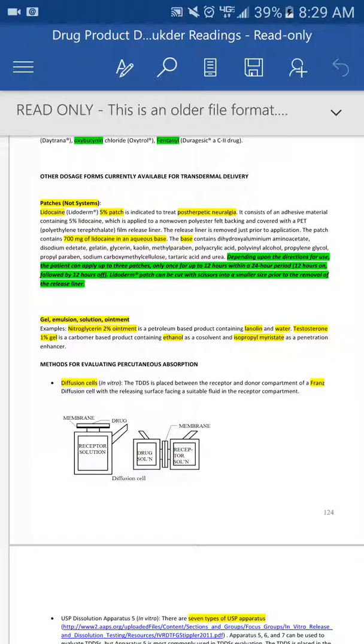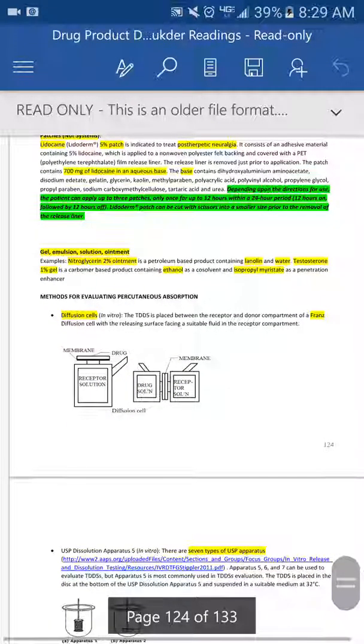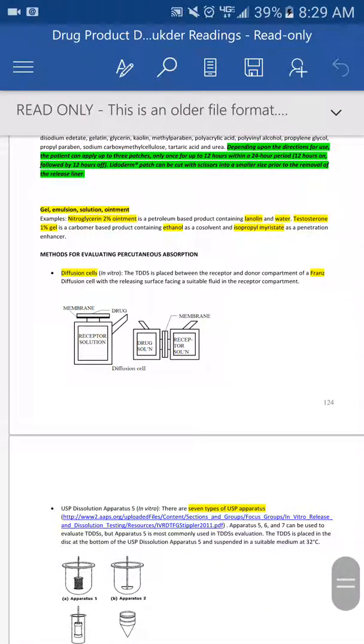You can only do a max of 3 patches, all at the same time for up to 12 hours within a 24-hour period. So 12 on, 12 off, 12 on, 12 off. Gel, emulsion, solution, ointment. Examples: nitroglycerin ointment.